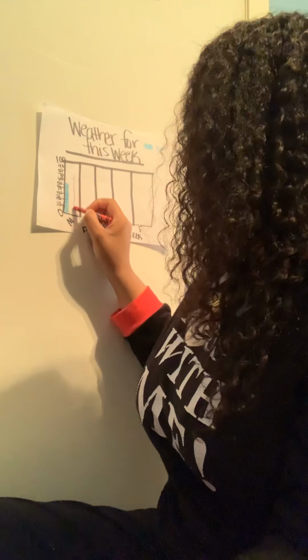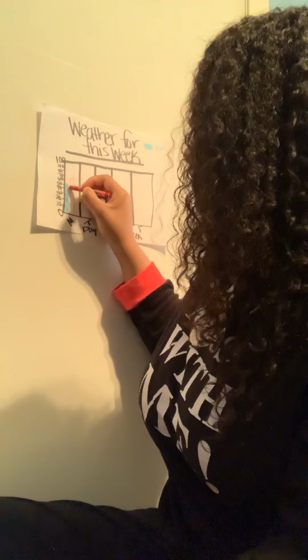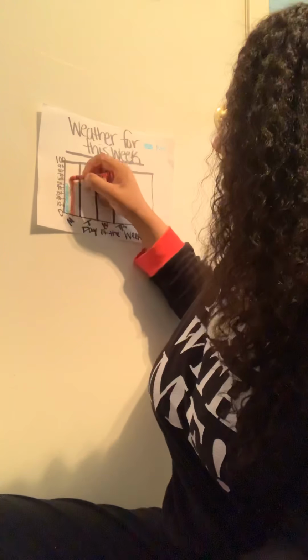Then I'm going to draw that line down and fill it in. Then I'm going to go to my key, do a red box, and label it high so my readers know what the red means.